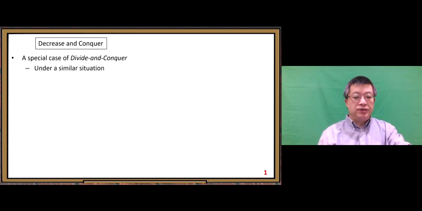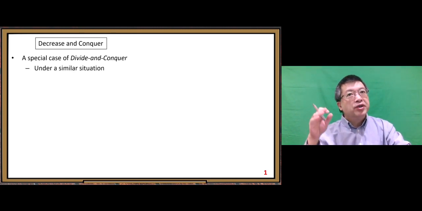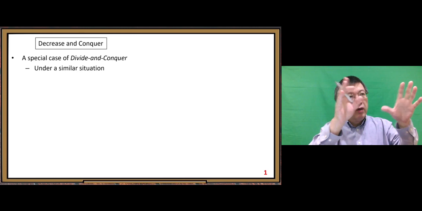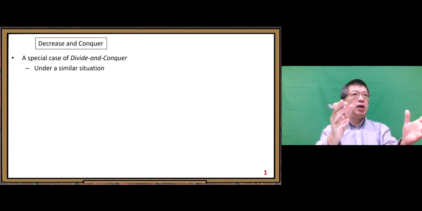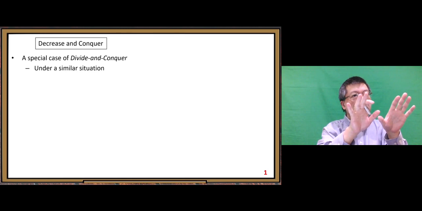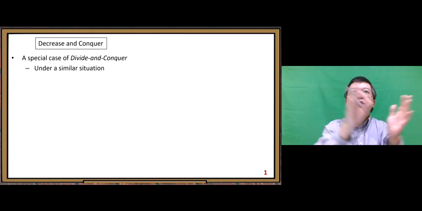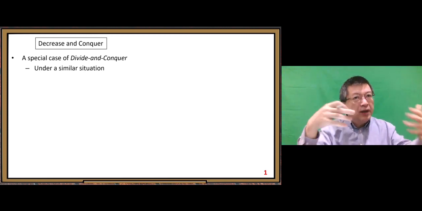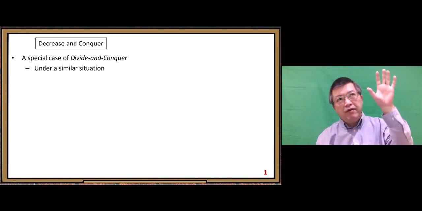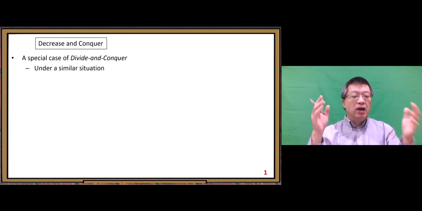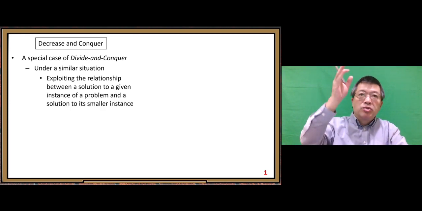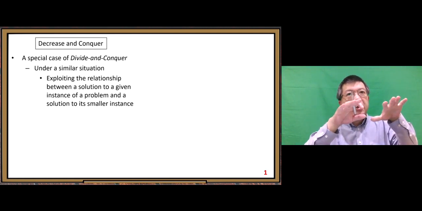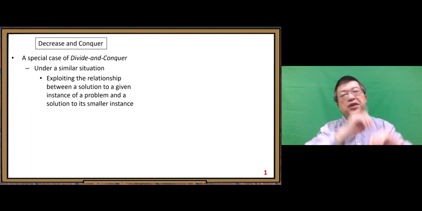Its meaning is like this. You try to formulate your problem under a similar situation, but for different problem sizes. But the format of the problem is exactly the same. So when you have that situation, you try to explore the relationship between a solution of a given instance, that's the current problem size.